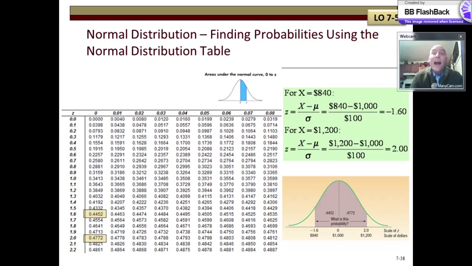Remember, on the outside of the table is the z-score. On the inside of the table are the areas. Just like under the curve inside here, those are areas. Inside here is areas. On the outside is z-scores. Don't try to make the inside ones z-scores. Don't try to make the outside ones areas.